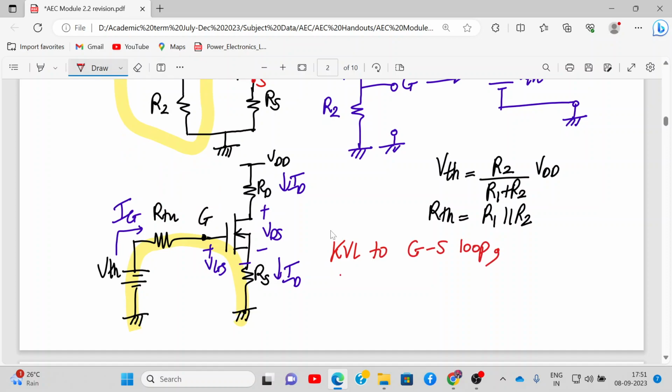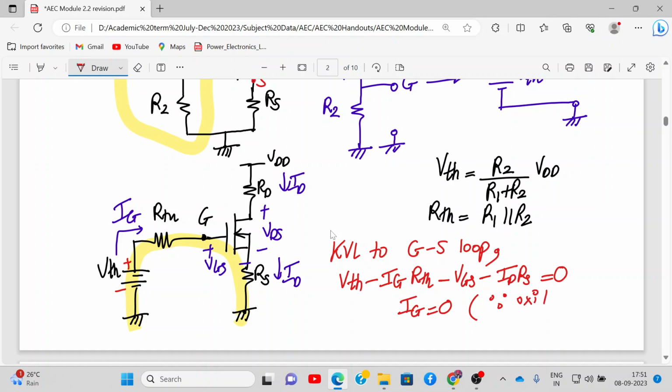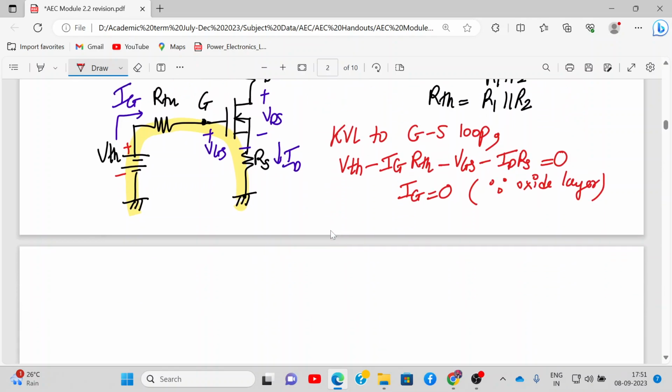What do we get? Can you tell me? VTH minus IG into RTH minus VGS minus ID RS is equal to 0. But here IG is equal to 0 because of the presence of the oxide layer. Then what are we left with?